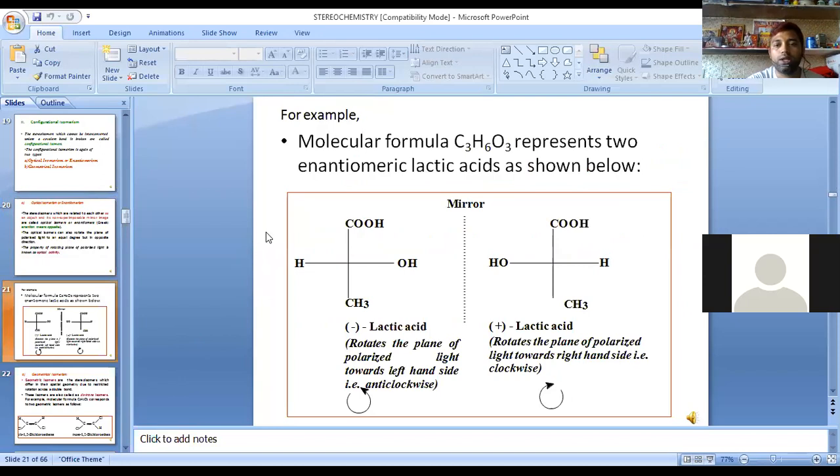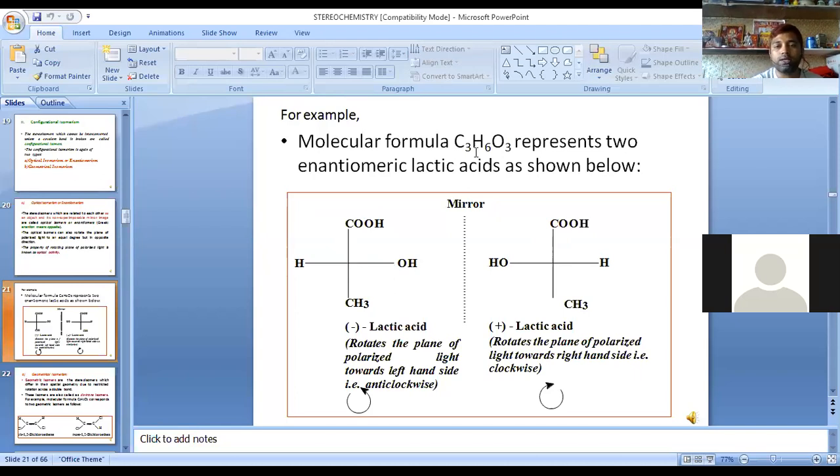Now we'll take one example, lactic acid. One is minus, the other one is plus. They are enantiomers. This one is the mirror image of this molecule, but this molecule is not superimposable on its mirror image.